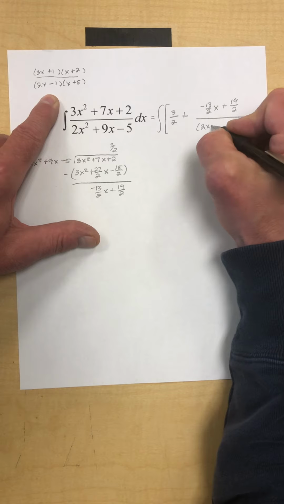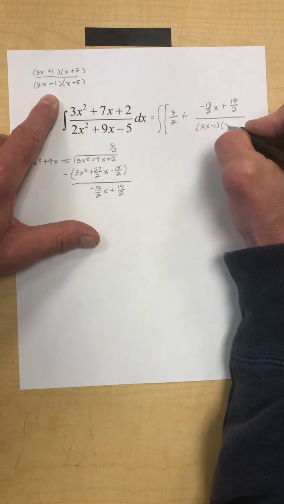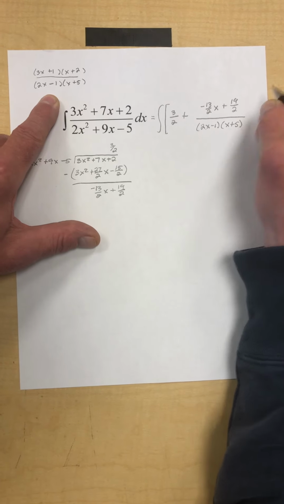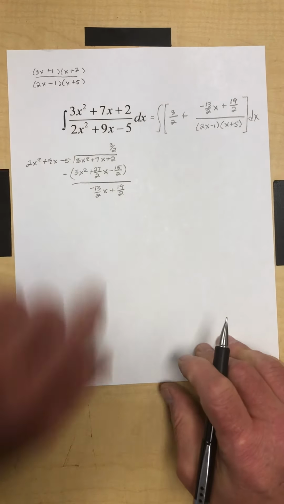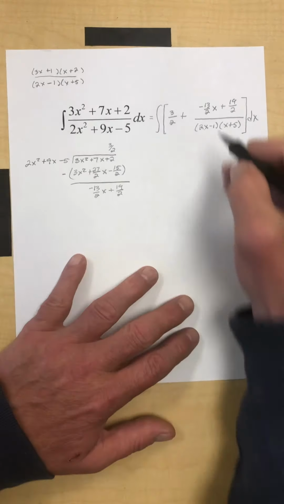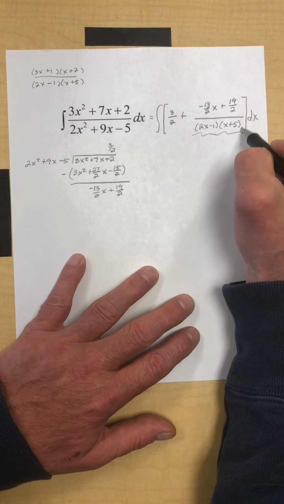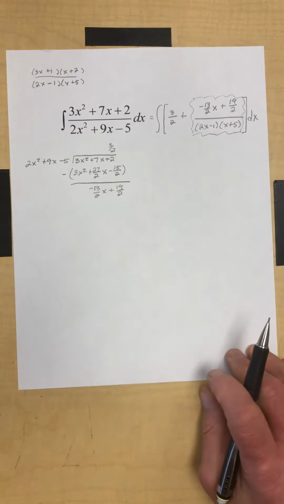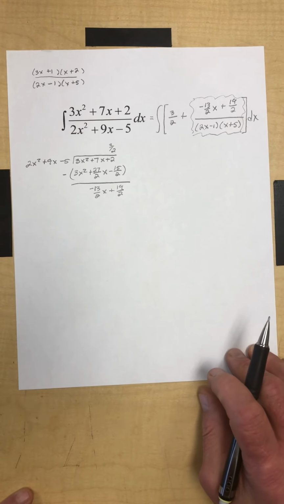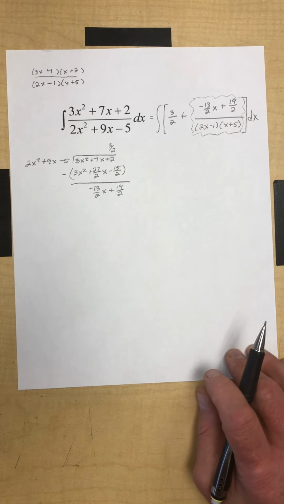That's my 2x minus 1 and x plus 5, dx. So it's this portion right here that I have to deal with in terms of using partial fractions. So I got to deal with that guy.